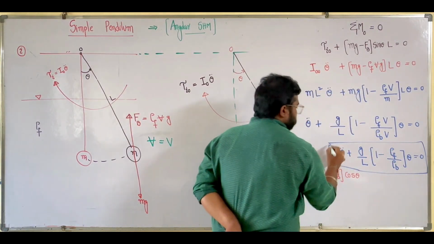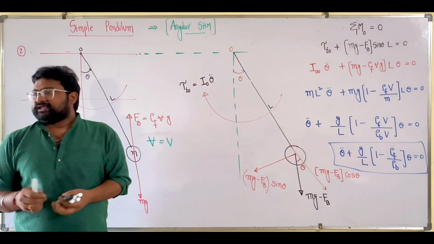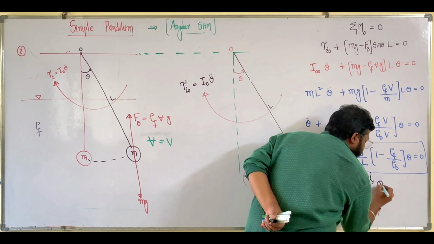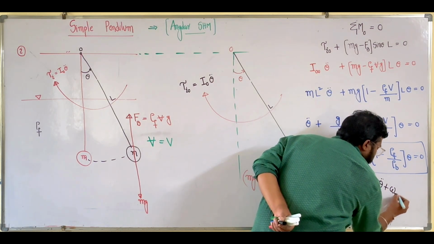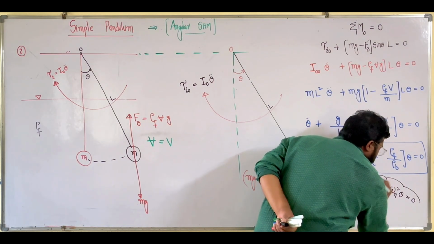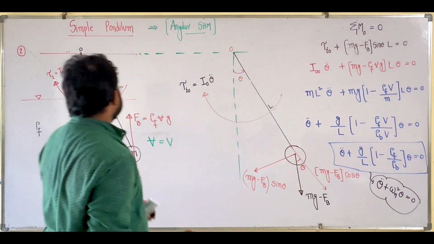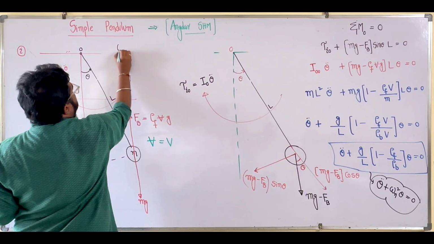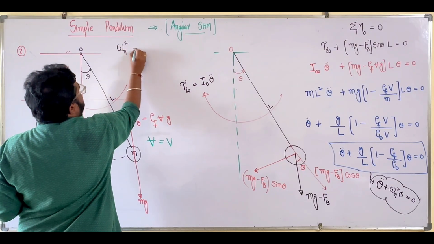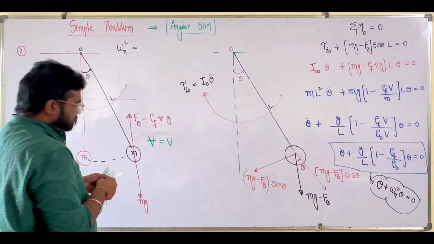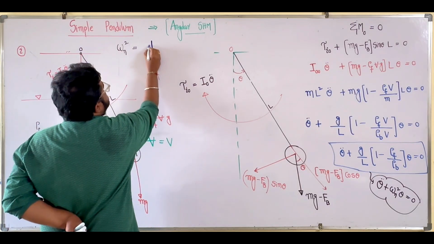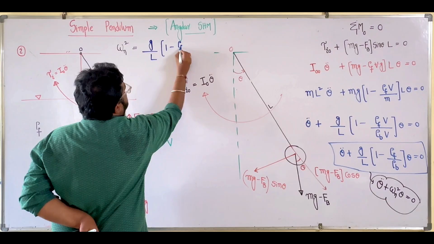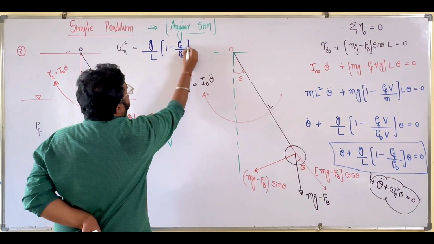From here we can compare with the definition of angular SHM: theta double dot plus omega n square theta equals 0. Now omega n square can be written as g by L into 1 minus density of the fluid by density of the body.